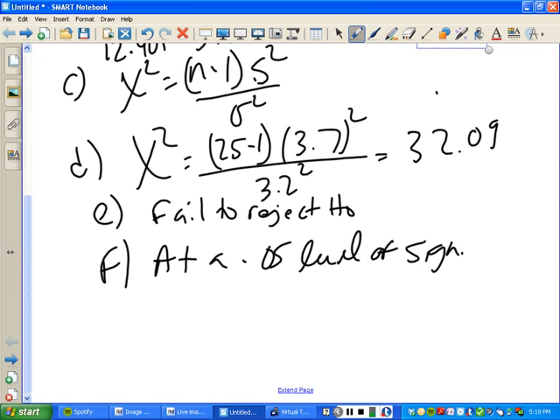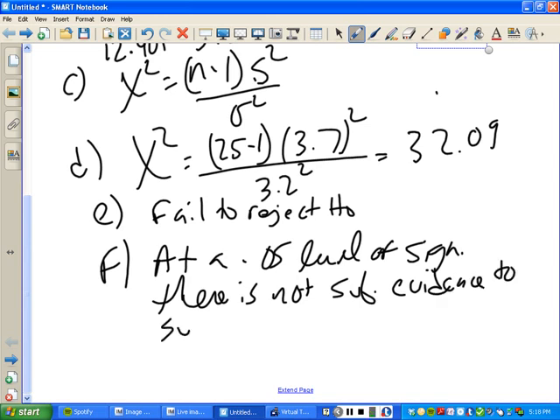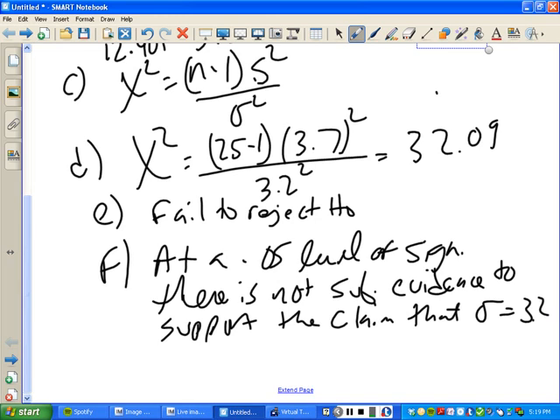At a 0.05 level of significance, there is not sufficient evidence to support the claim that sigma equals 3.2. So H1 is only correct if it is in the shaded area. Reject H0. Meaning you would reject H0 only if it's in the shaded area.